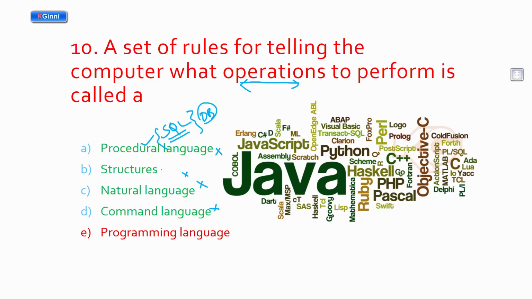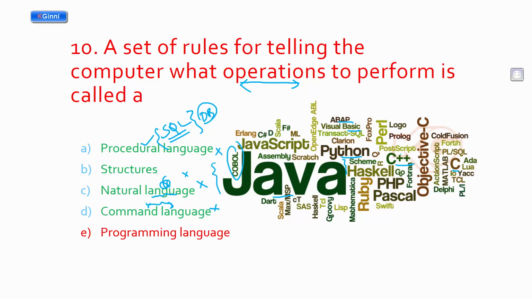The structures, it is part of a programming language. Natural language, I don't think this will come into picture for a computer. Command language, not a specific either. So when it comes to programming language, you can see there are tons of programming languages available in the market. One is Java, Python, ABAP, Visual Basics, C++, C, COBOL, the early stages.